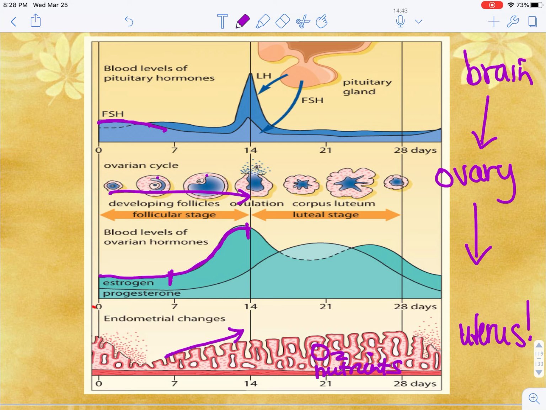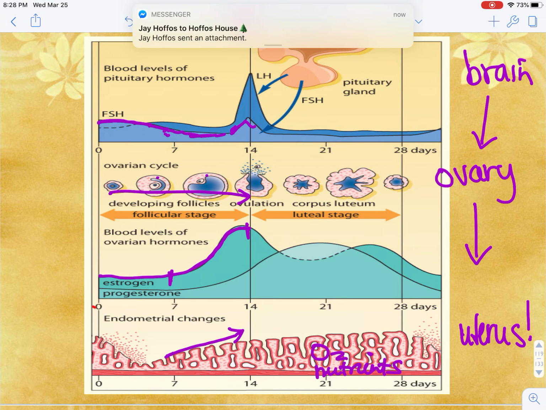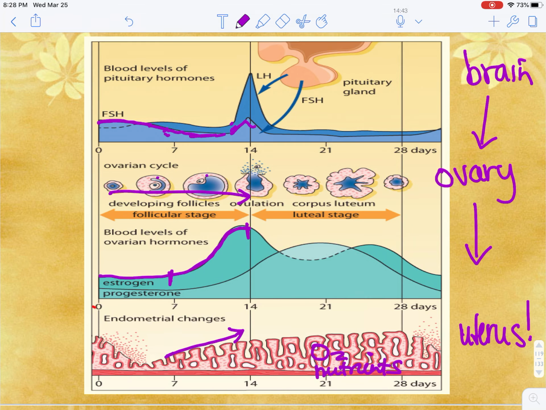So as the follicle is off and running here, the FSH can kind of take a break, but you'll notice that at day 14 there's a little peak of FSH, but there is a mega peak of LH, luteinizing hormone, and that is such a high amount of this hormone that it causes this big event to happen, which is ovulation.